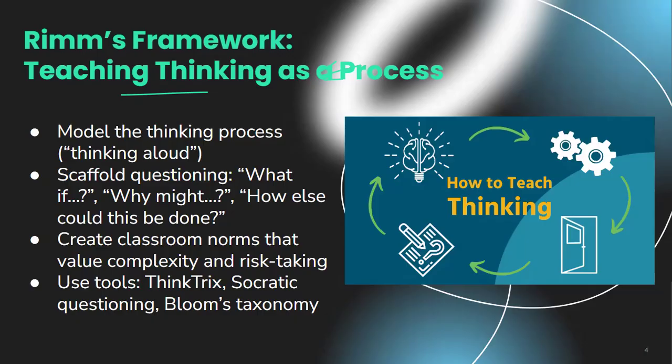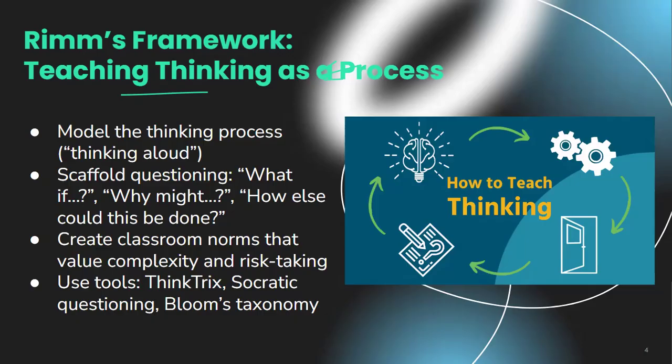Rimm also suggests using progressive questioning techniques, moving from convergent to divergent questioning. Ask students, what if, or why might this not work, to stretch their reasoning. She encourages fostering a classroom culture that values intellectual risk taking.